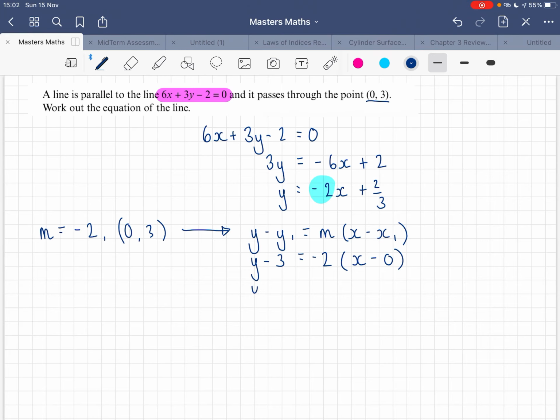Expand and rearrange and simplify, so I get y minus 3 is -2x. It doesn't ask me for a specific form of the line, so I'm just going to leave it as y equals mx plus c. So I have y equals -2x plus 3. That is the equation of my line. Done. Really straightforward question. You just need to rearrange the line, pick out the gradient, and use that and the point in the formula to work out the equation of the line that you're interested in.